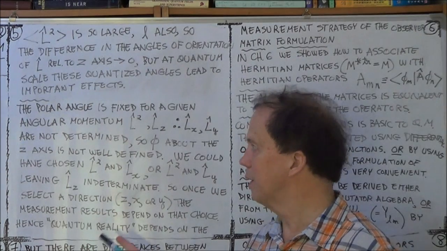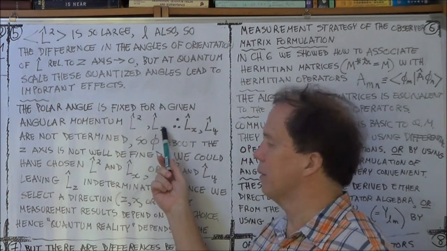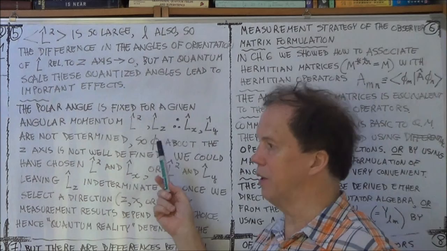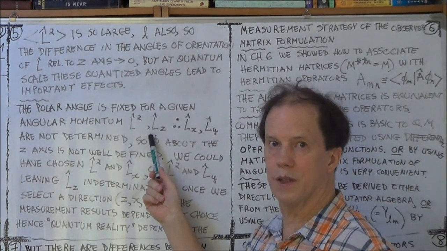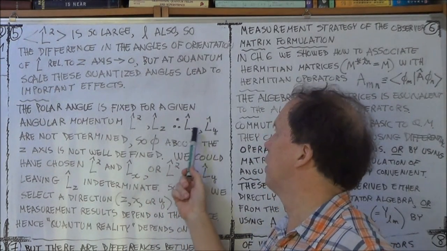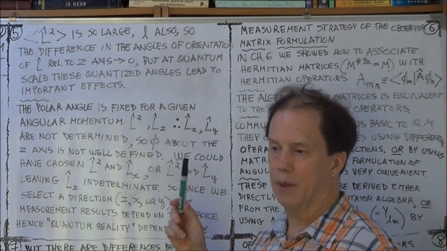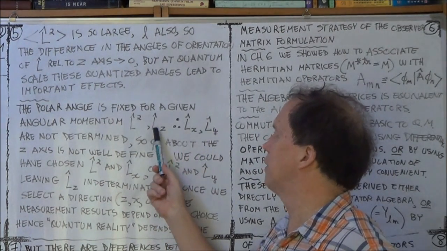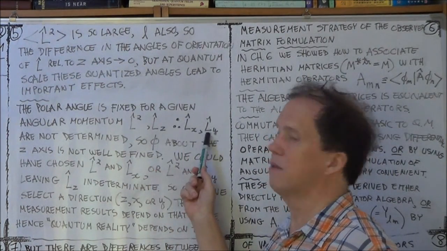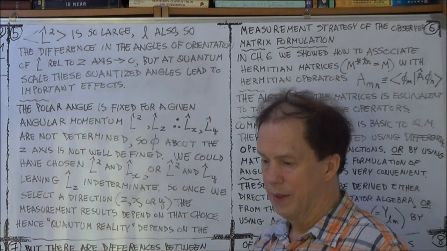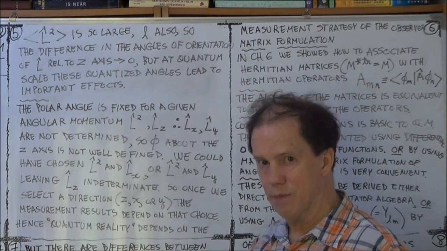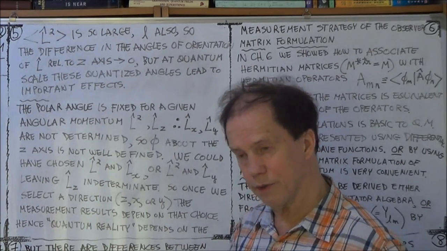So if you're choosing to measure the z component, you will get definite values for the z component, but you won't know what Ly or Lx are. But if you choose to measure Lx, well then this becomes fuzzy, and so does this, and so on. So, more food for thought on the philosophical side.